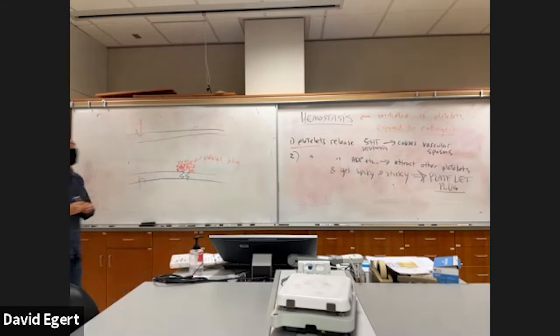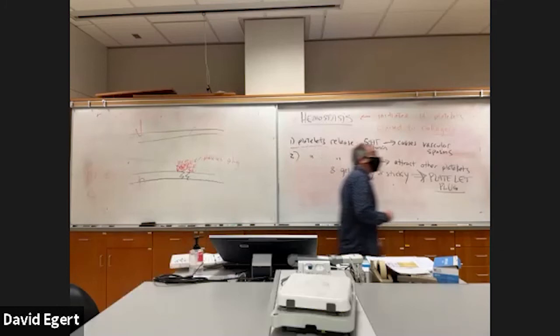It's kind of like sandbagging. There's a leak and you put a bunch of sandbags there to try to keep the blood from flowing out. So this is in the short term: let's reduce flow and sandbag the hole.